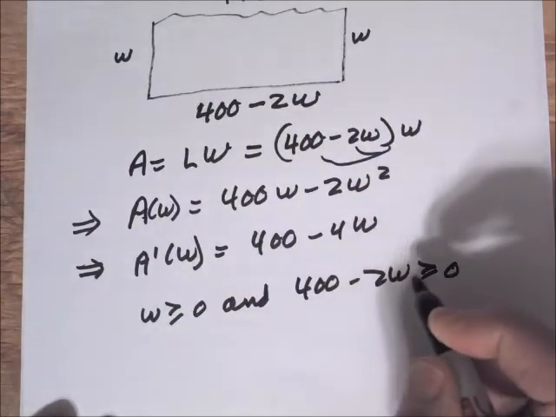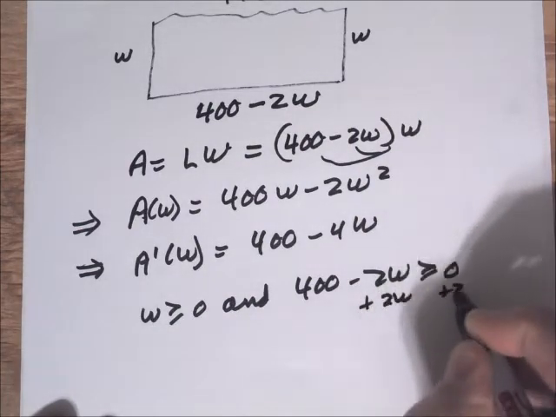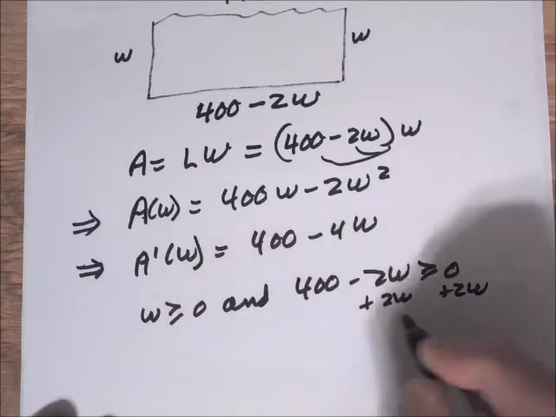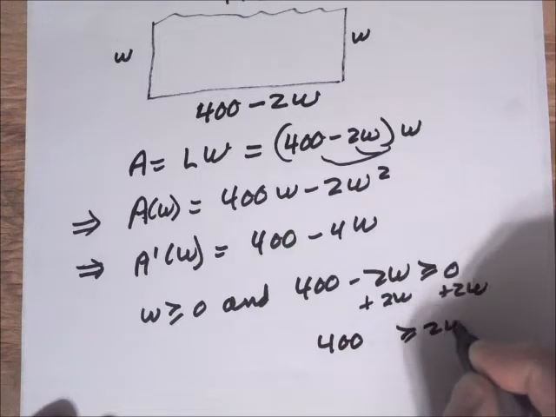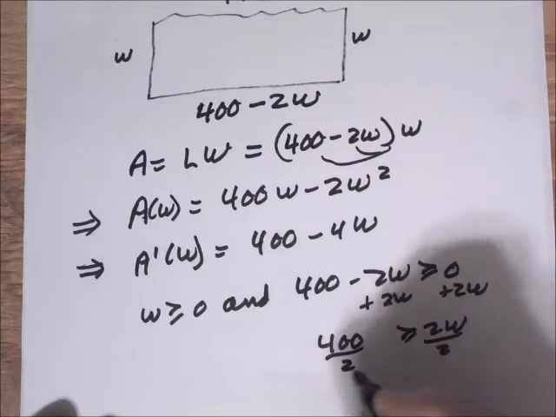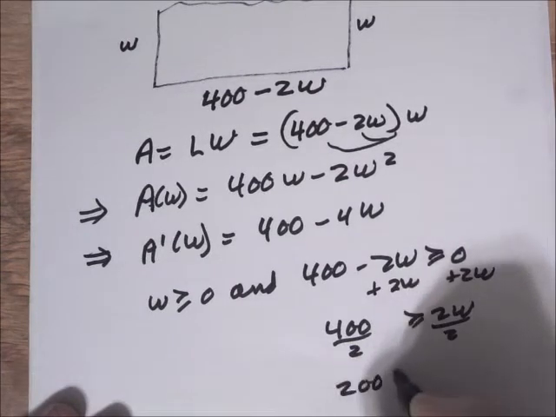Probably should have done that first. If we solve this for W, add 2W to both sides, we get 400 greater than or equal to 2W, and then divide by 2. That gives us 200 greater than or equal to W.